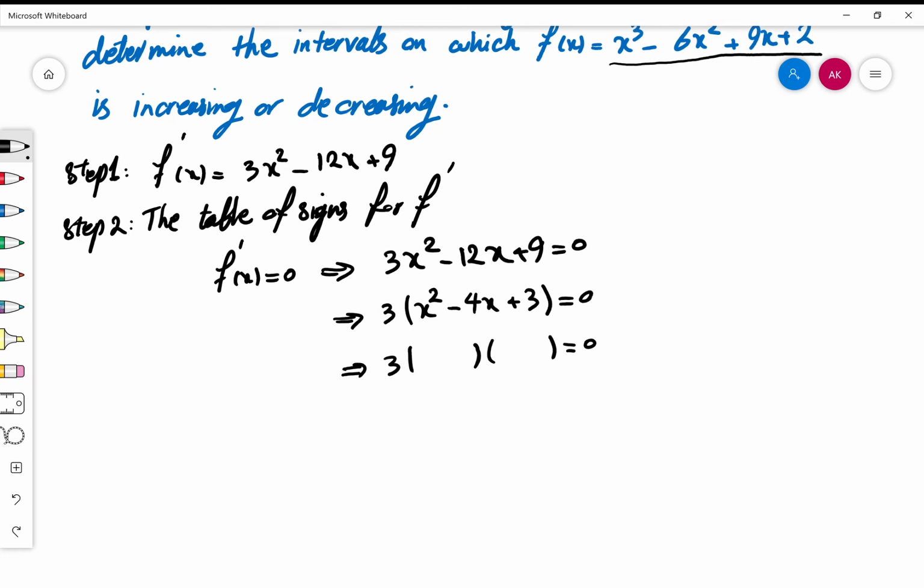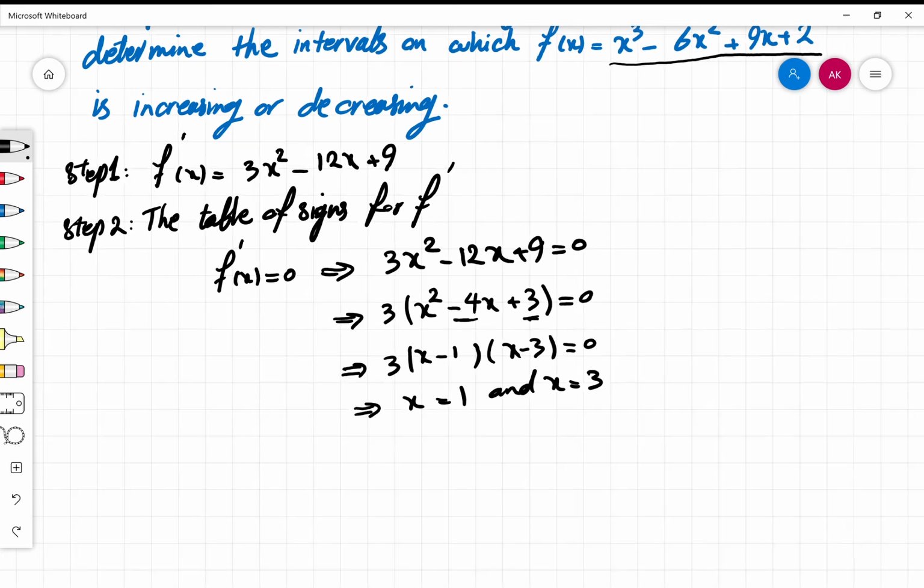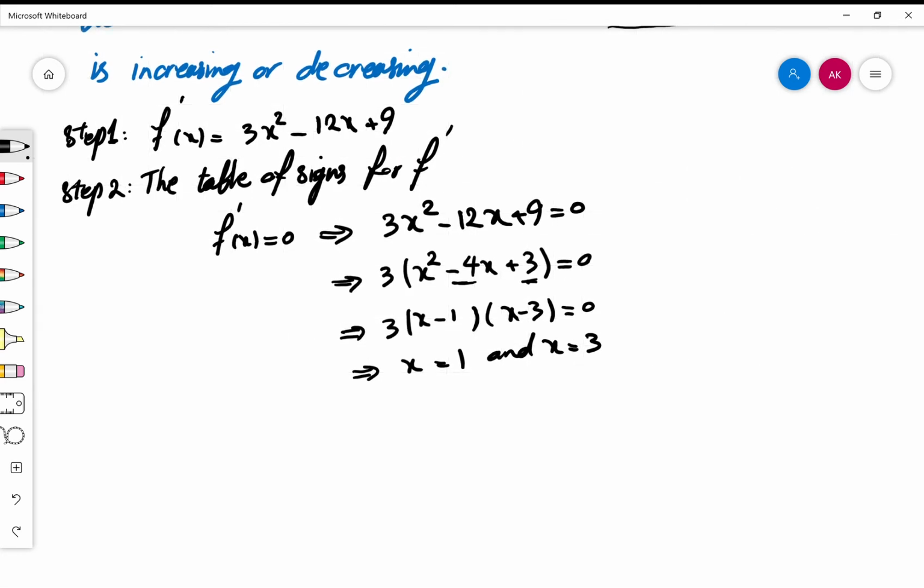I can try to factor: two numbers which add up to -4 and multiply to 3. These are -1 and -3. Well, from there I can conclude that there are 2 points at which the derivative, not the function itself, the derivative is 0.